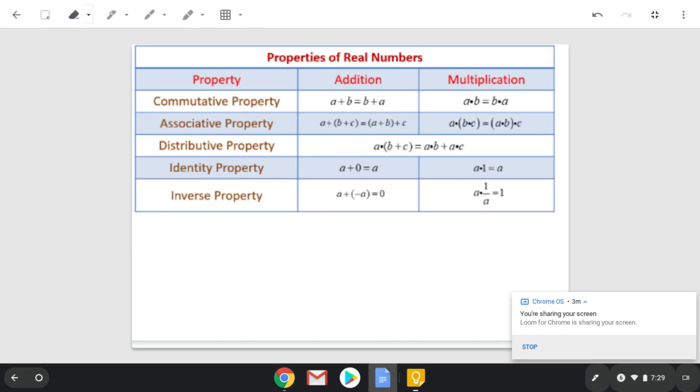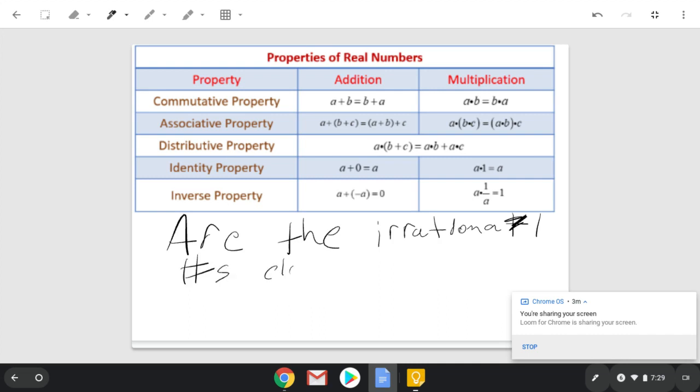But the question is, are the irrational numbers closed under, let's do division. All right, are they closed under division?